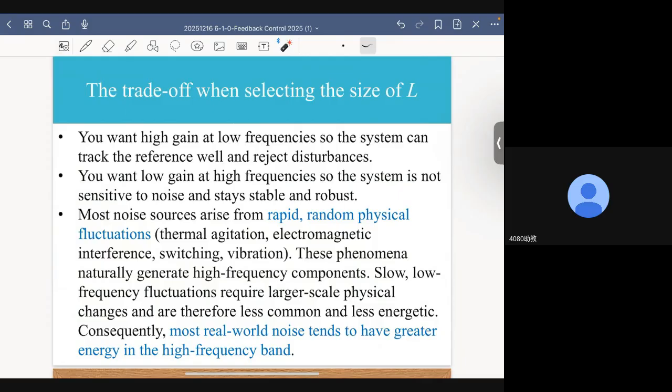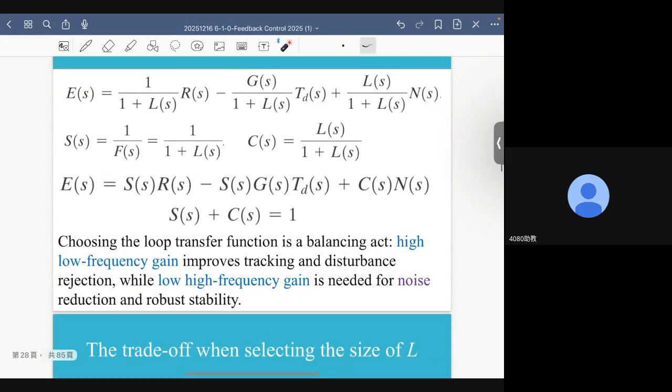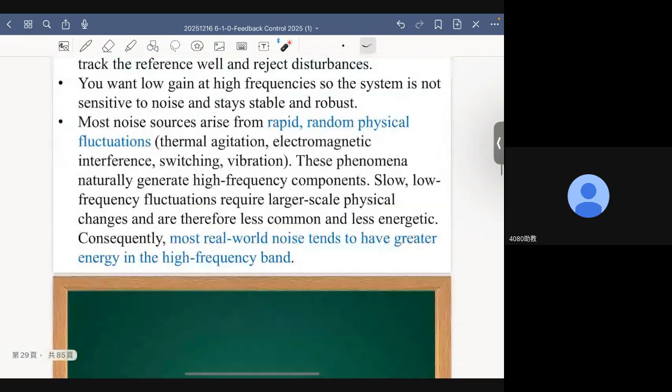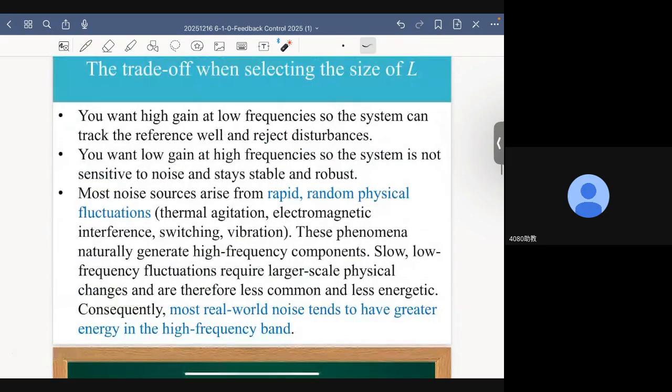So if, let's say, it has 0 energy components in the low frequency band, then if I multiply it with a very large number, it really doesn't matter, because no matter what number you multiply with 0, you always get 0, okay? So most real world noise tends to have greater energy in the high frequency bands, okay?